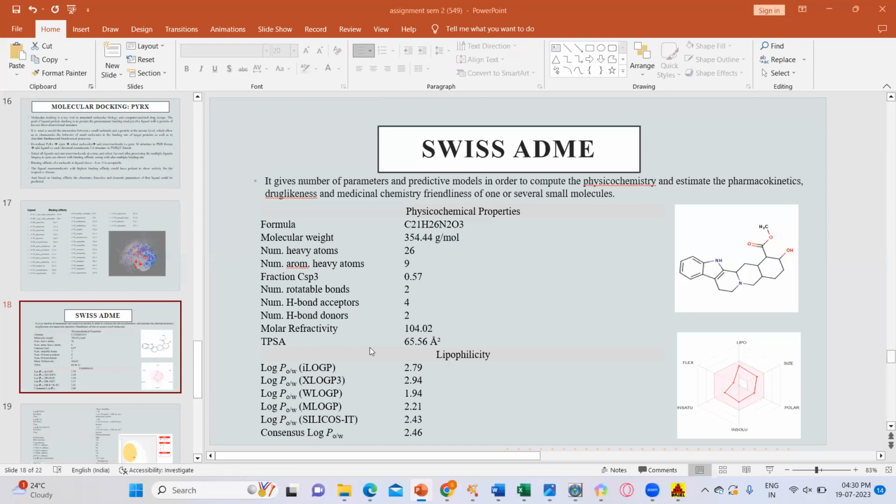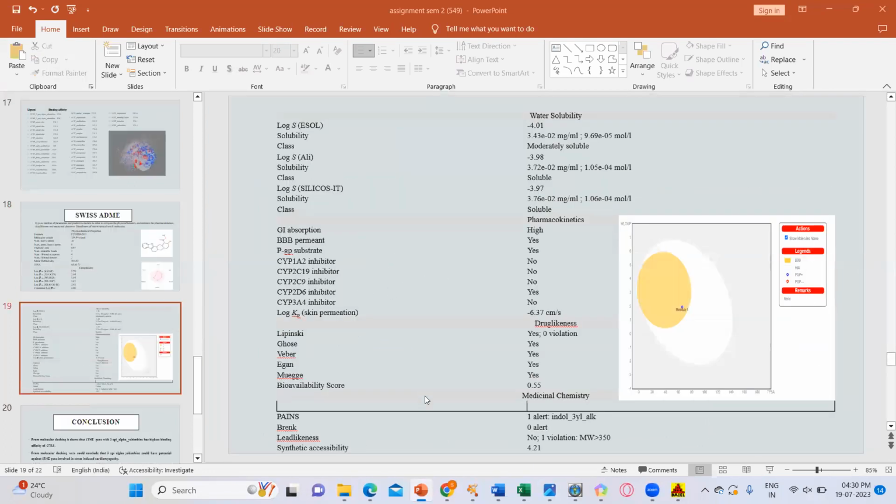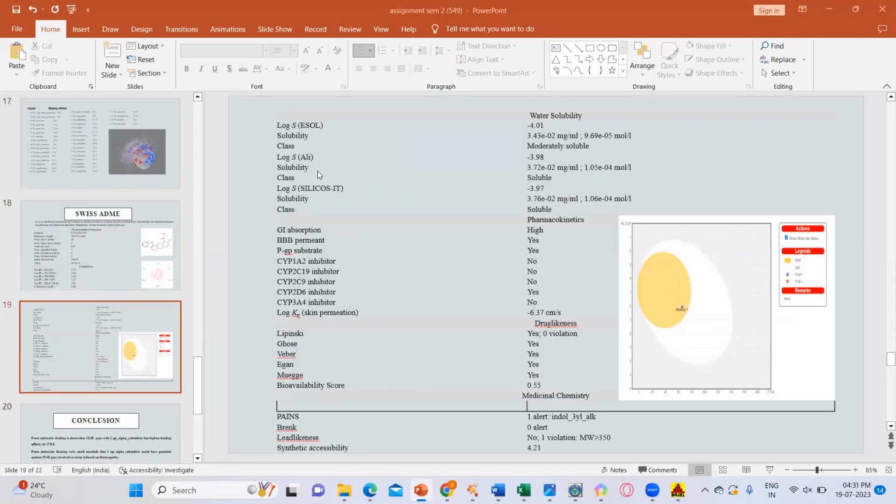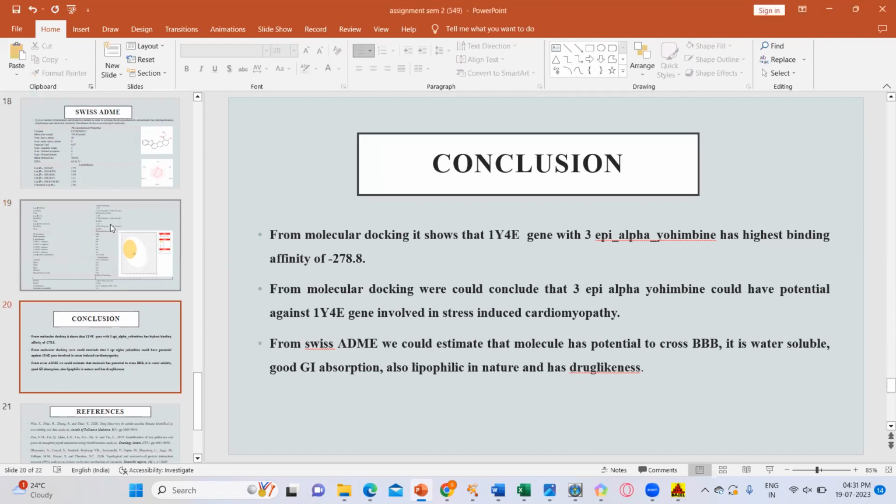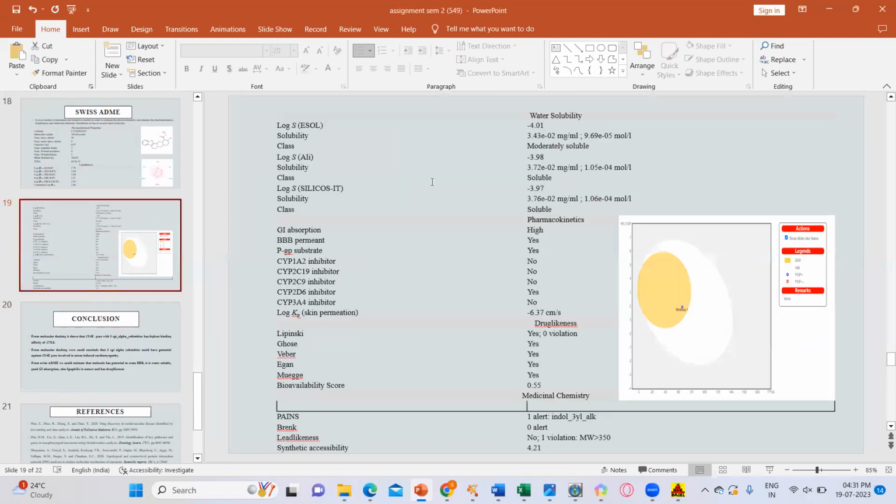So the chemical compound obtained has physicochemical properties shown over here with the lipophilicity and solubility, GI absorption, drug likeliness, pharmacokinetics, and water solubility.